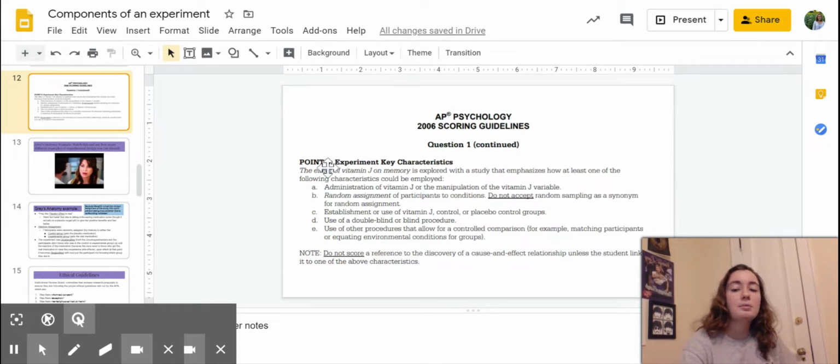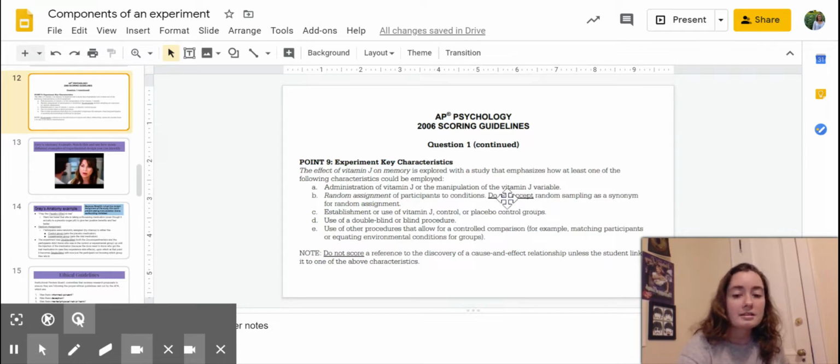So when you were asked on point 9 to give the key characteristics of an experiment and apply it to this vitamin J research on medicine memory, something you could say is that they might do random assignment of participants to the different control and experimental conditions on their research with vitamin J and memory. So maybe the control group would receive vitamin J or wouldn't receive vitamin J.